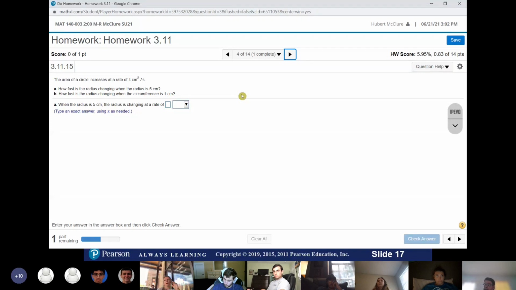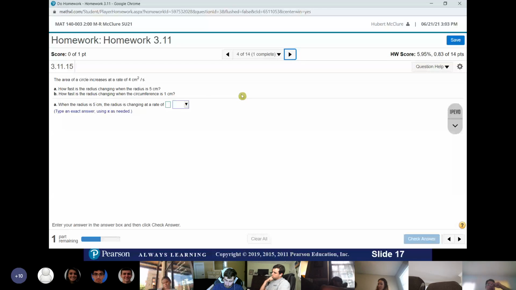Therefore, dA over dt, meaning the area is changing with respect to time, is equal to 4 centimeters squared per second.